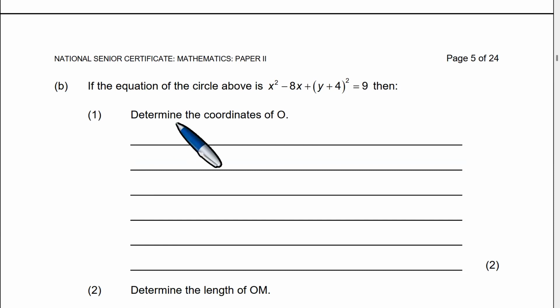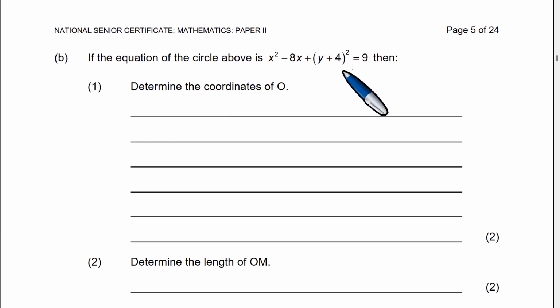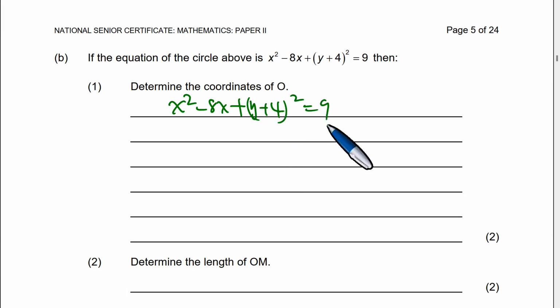If the equation of the circle above is this one, then what are the coordinates of O, the coordinates of the center? We would have x squared minus 8x plus (y plus 4) squared equals 9. So you have x squared minus 8x plus half of minus 8, which is y plus 4.